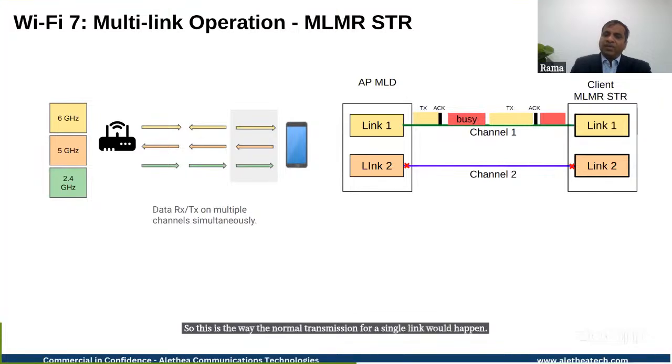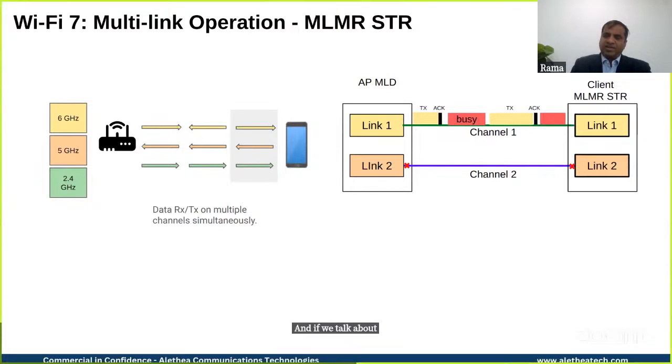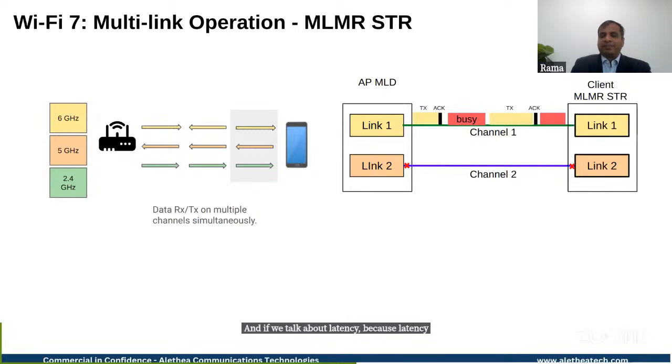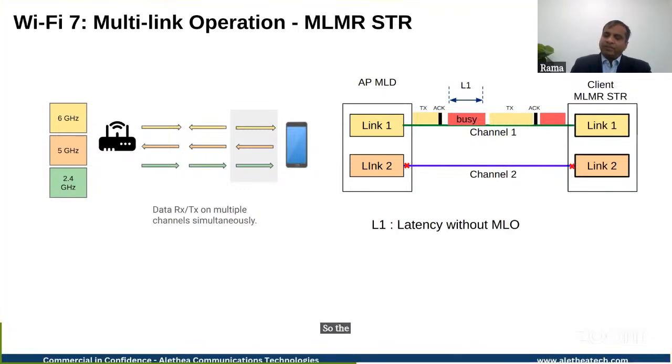And if we talk about latency, because latency is our topic of the day, the amount of time the channel is busy would actually determine the latency foreseen. The reason being that the transmission would invariably need a response from the application level, and it would not be possible if the channel is busy.